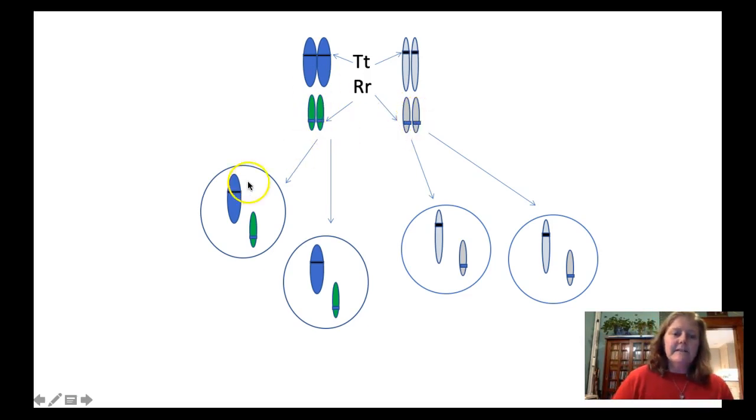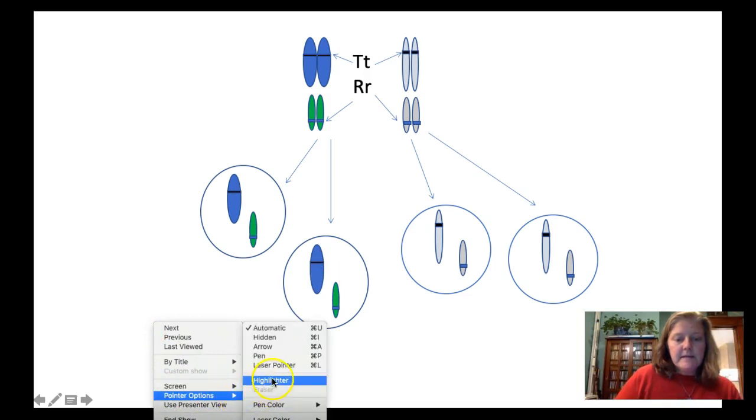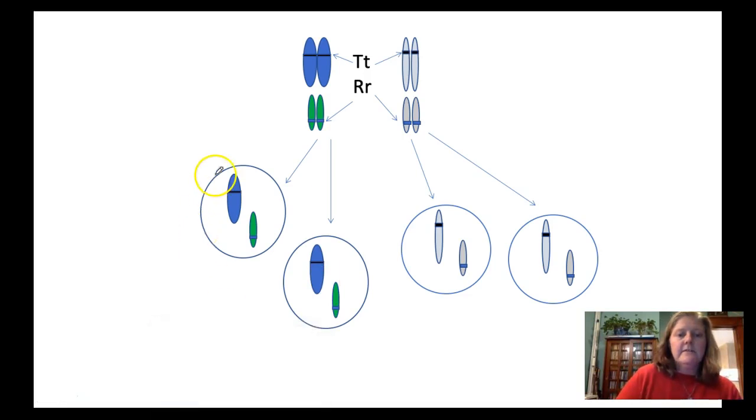So when they split, I'm sorry, I don't have them drawn in here, but maybe I can grab my pen and show that this would be a big T on this one, and this would be a big R on this one. And then on this one, these would be little t and little r.